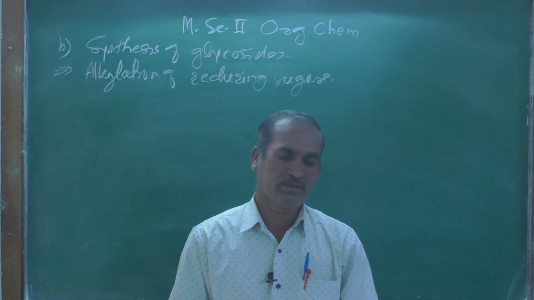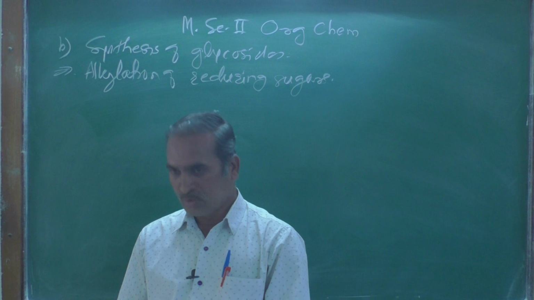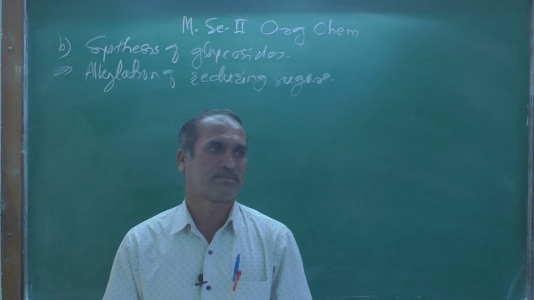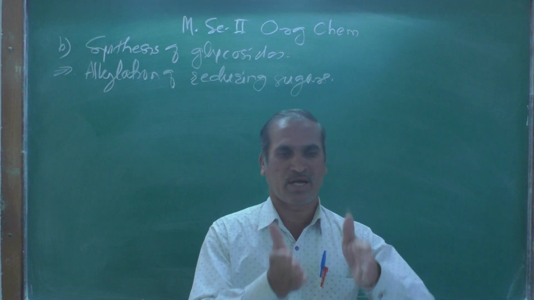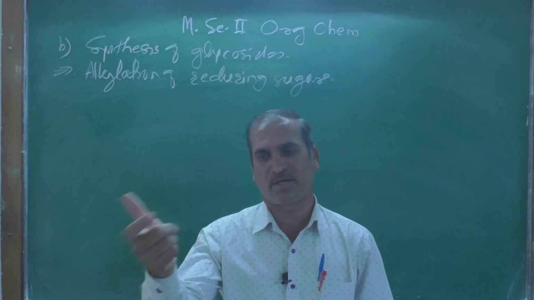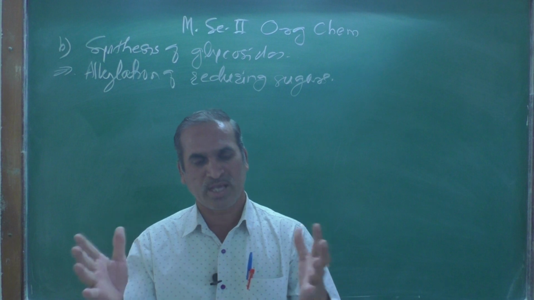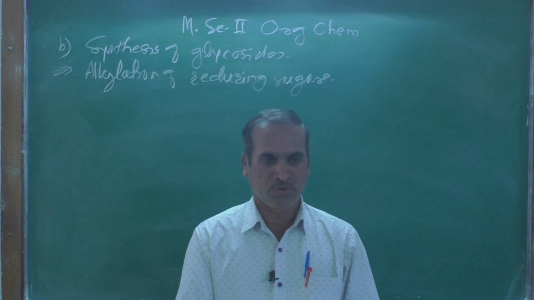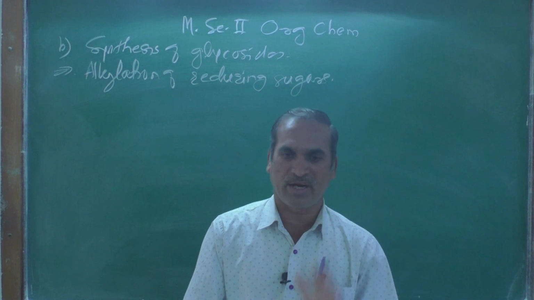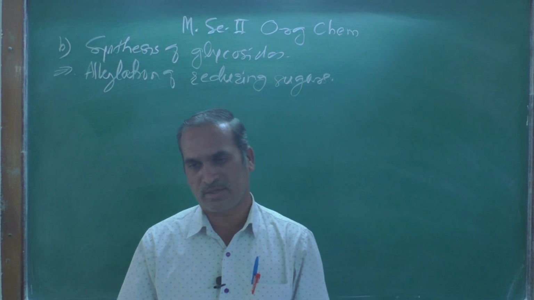Fructose and glucose are isomers of each other. Isomer means, as we know, having the same molecular formula but different structures. In D-glucose, if you observe carefully, you will find there are 4 chiral centers.